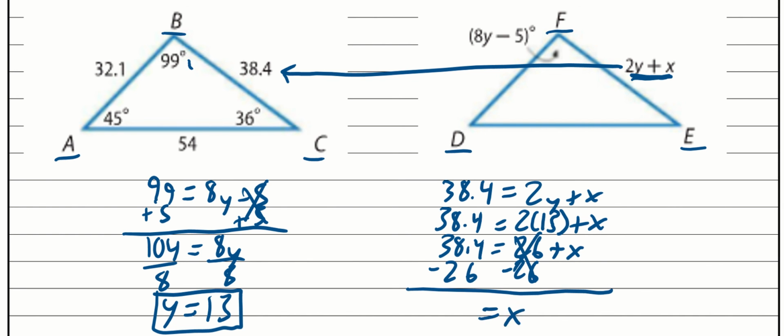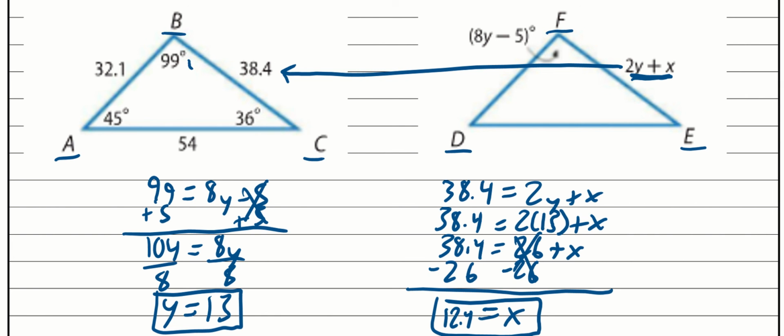When I do that, I get X by itself. And then I have 38.4 minus 26, and that's just going to give me 12.4. And this one does come out to be a decimal. Okay, and that's okay. All right, so notice again, we're just using these ideas of corresponding parts are always going to be congruent as long as we said at the beginning that the triangles themselves are congruent.